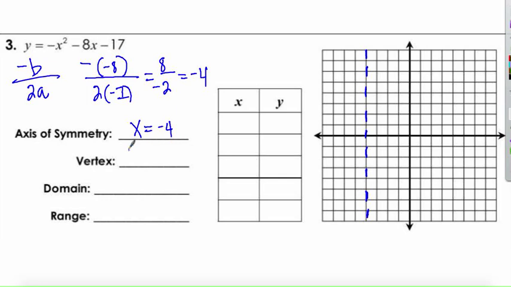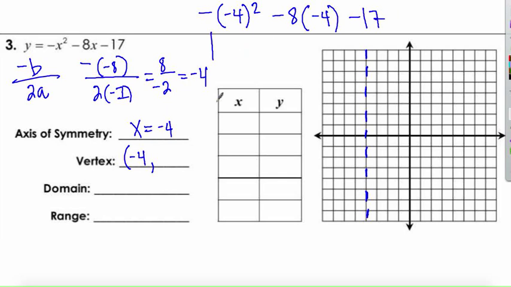Alright, so that x value becomes part of our vertex. We need to plug in that x value to the function to find out the corresponding y value of the vertex. So we've got negative 4 squared minus 8 times negative 4 minus 17. So being very careful with all these negatives. I've got negative 4 squared would be a positive 16, but there's a negative outside, so it becomes negative 16.